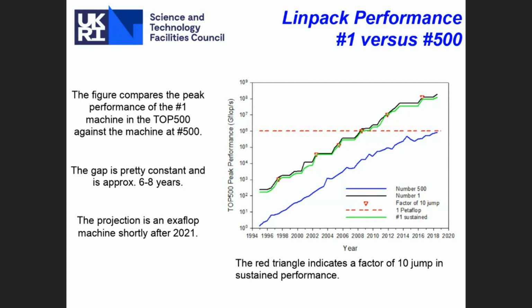If you look at this over the years, going until 2019, the same trend is observed for the fastest machines, but also for the slowest machine of the Top500, which actually almost reaches petascale.